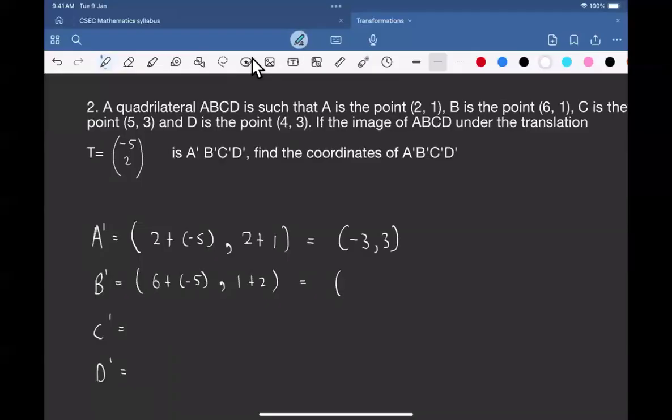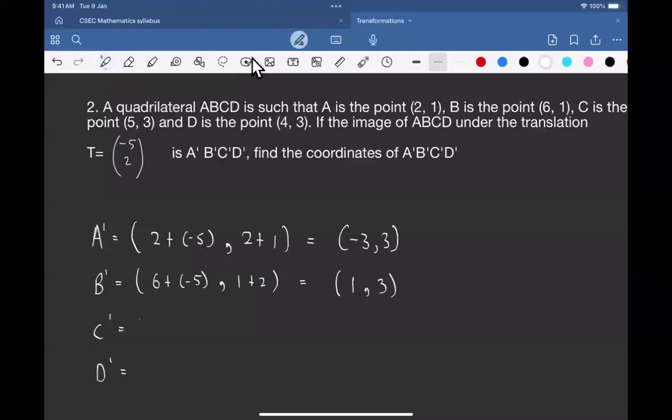What is 6 plus minus 5? 1. Imagine you had 6 dogs and Sasha comes and takes 5. I have one dog now. 1 plus 2 is 3. Sasha, help me with C prime.